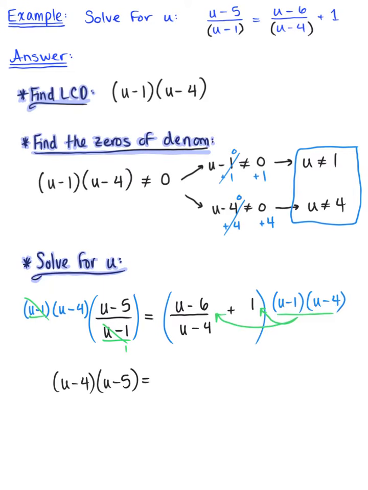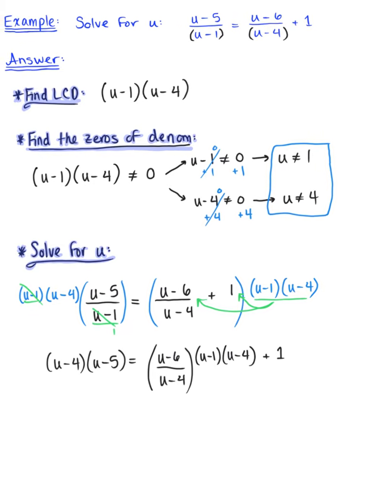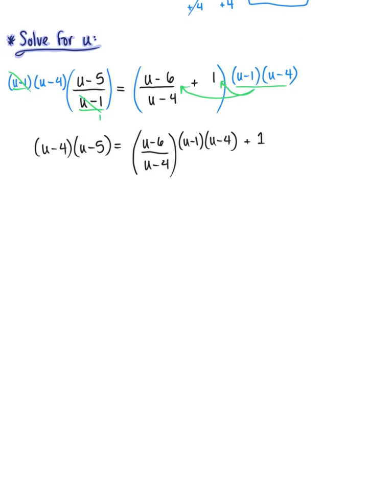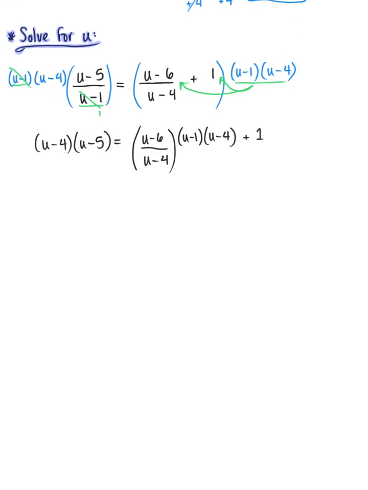So this is going to be rewritten as, we have the rational expression u minus 6 divided by u minus 4, multiplied by our least common denominator, u minus 1 times u minus 4. And then we also have plus 1 multiplied by the same least common denominator. So giving ourselves a little bit more room, this 1 is also multiplied by u minus 1 times u minus 4.